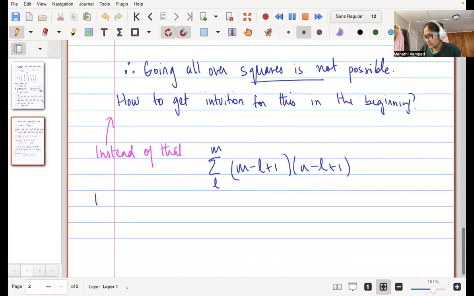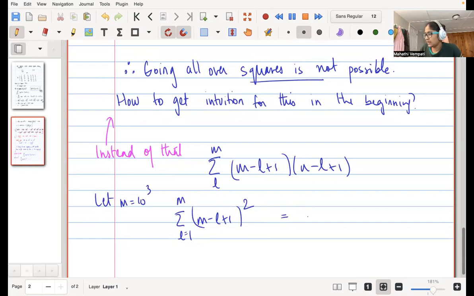So let's just let m equal 10 cubed. And if you do sigma L, m minus L plus 1 times n minus L plus 1, you can imagine L going from m to 1. Whole square, right?